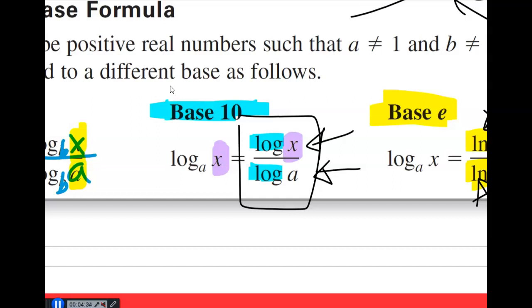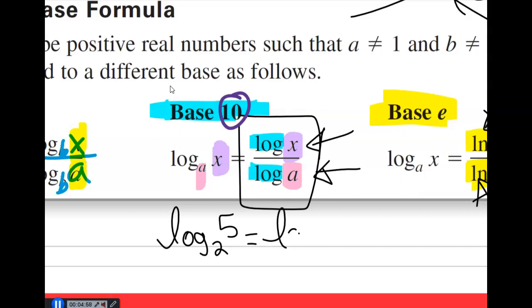So log of x, and remember this is base 10, that's what we're talking about, and we're going to divide it by the log of the little number, which is the base, so divided by the log of a. So to give you an example, if I have log of 5 base 2, the change of base will be log of 5 divided by log of 2.